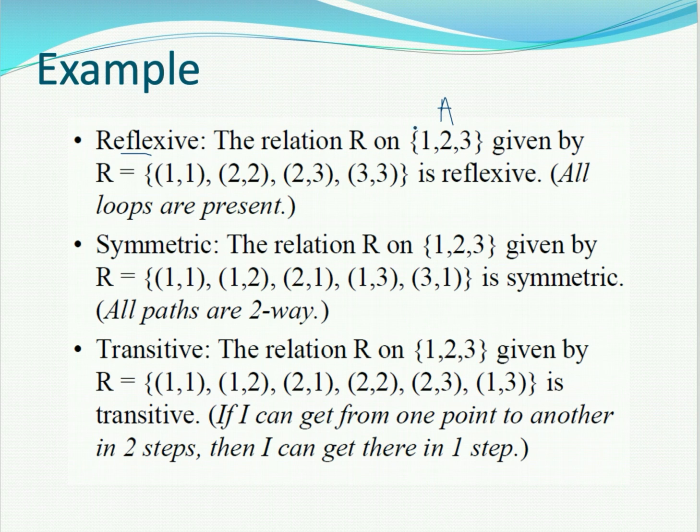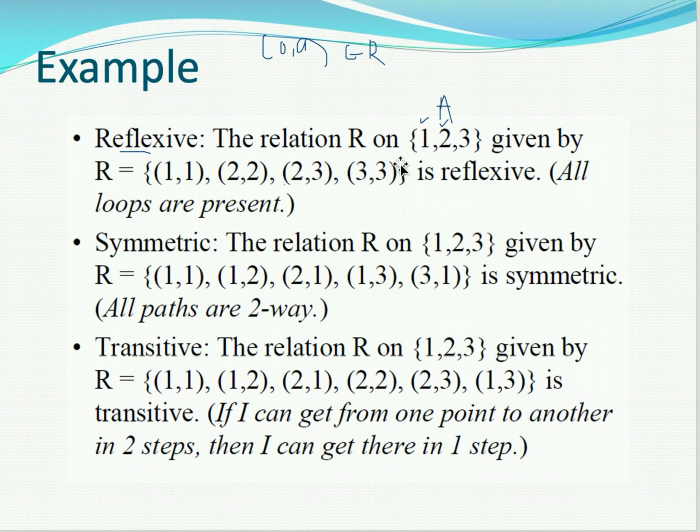Like in this example here, remember reflexive is when the pair AA is an element of the relation, right? So in this case, if you notice here, we have 1, 1, this element, 2, 2, this one, and we also have 3, 3 in this case.